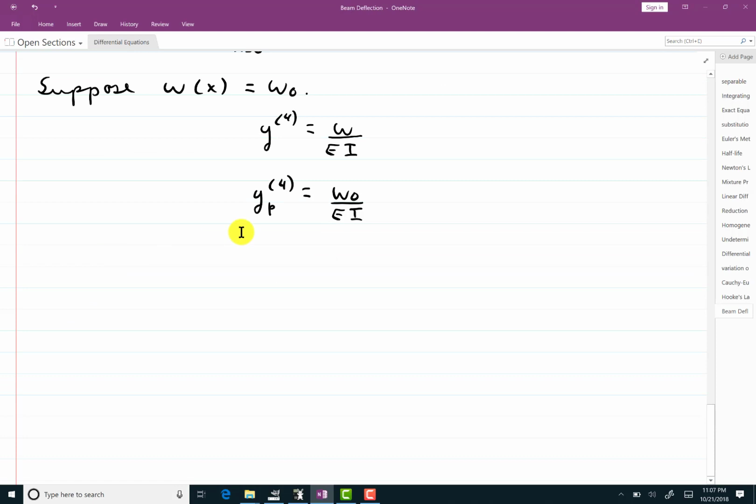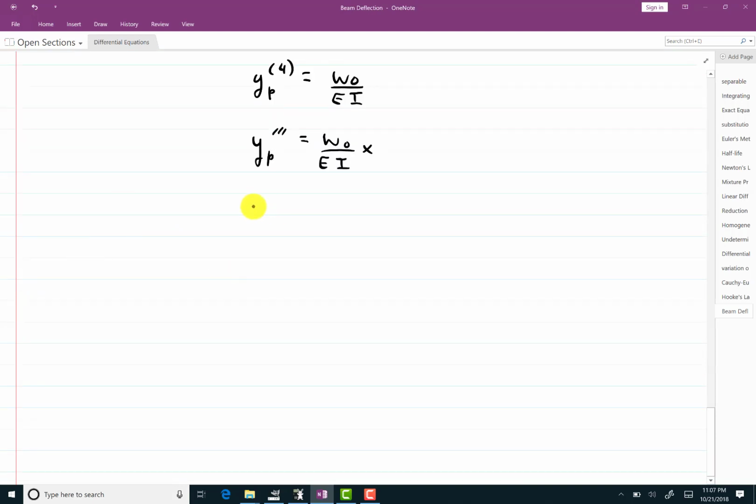And this is a constant throughout the problem, so I'm just going to integrate 4 times. So y sub p triple prime will be the integral of this thing, and I'll get w naught over EI times x. Now remember, we're finding a particular solution, so I don't worry about constants or anything like that. I just want any y that will solve this equation.